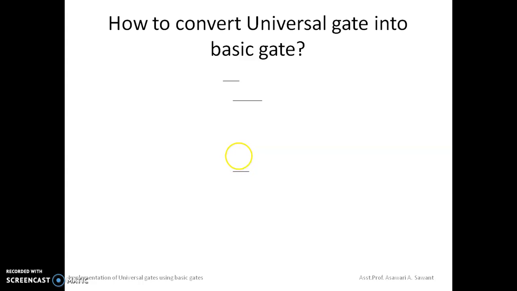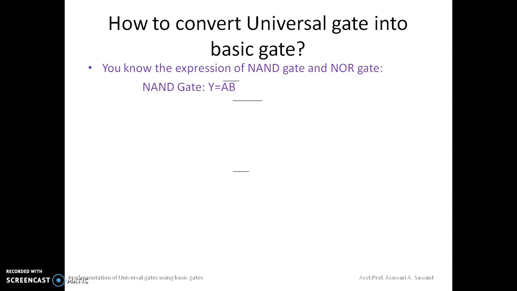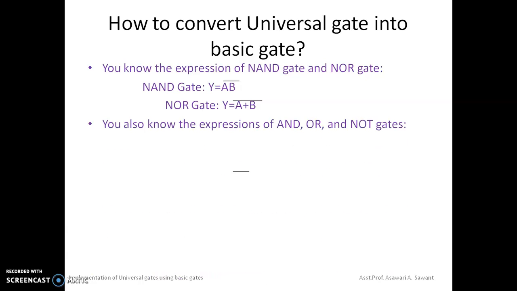Now we will see how to convert universal gates into basic gates. You know the expressions of NAND gate and NOR gate. The expression of NAND gate is (AB) whole bar, and the expression of NOR gate is (A plus B) whole bar. You also know the expressions of AND, OR and NOT gates.